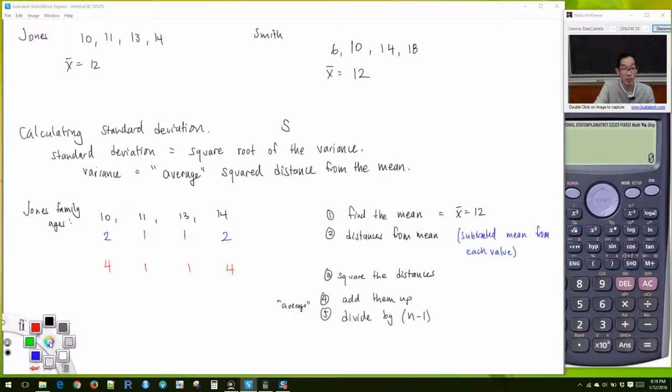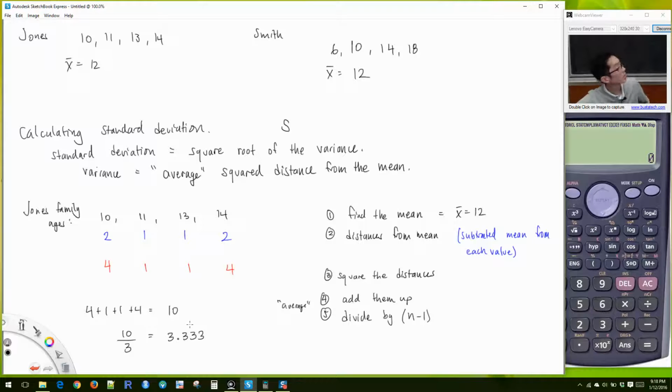So what do I end up getting? I would get 4 plus 1 plus 1 plus 4 equals 10, and then 10 divided by 3, and I get 3.333. Okay? And so this number, 3.333, is the variance.